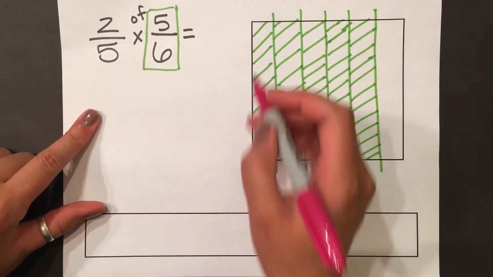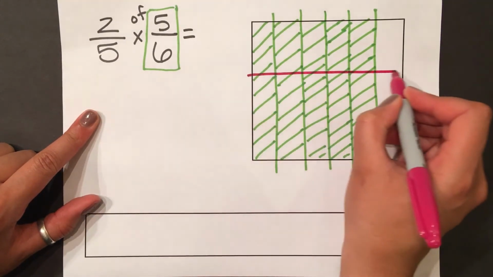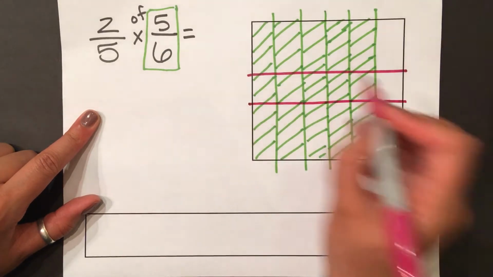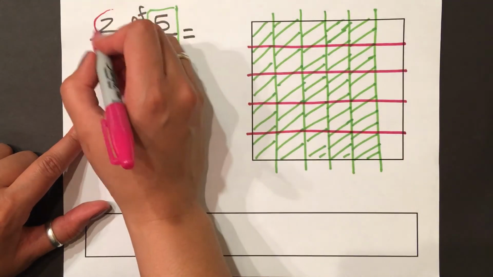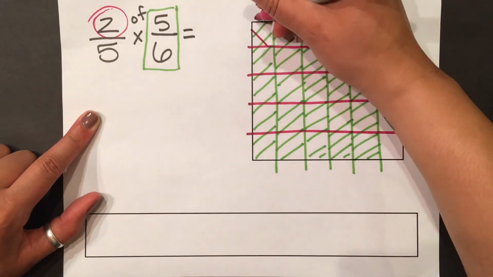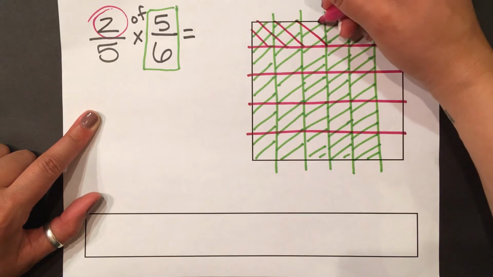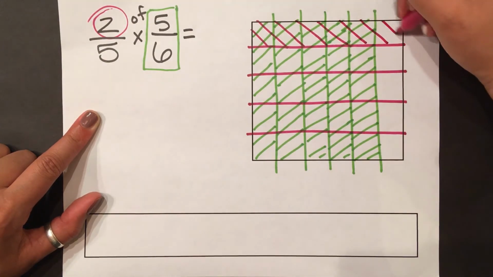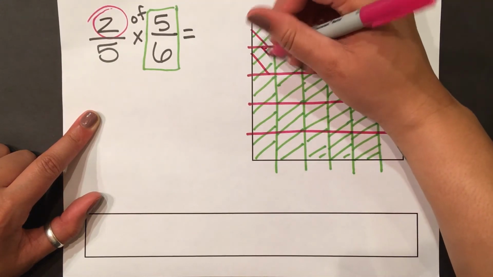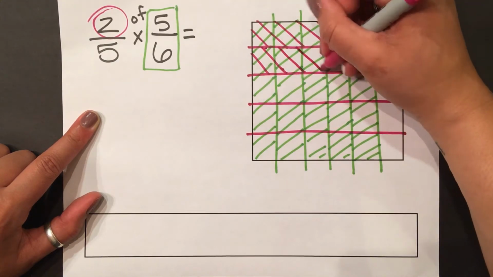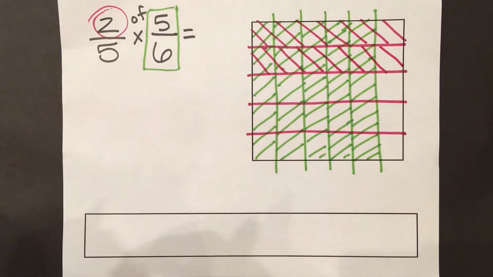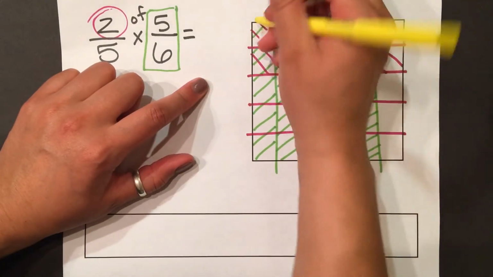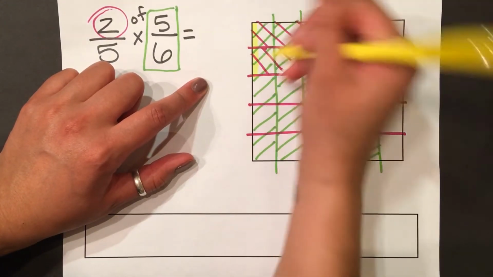So we got to split this into fifths. And we want how many? 2. Now we're going to highlight the places where our pink and green overlap.